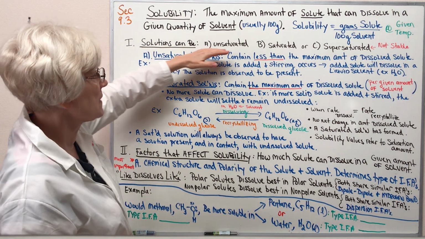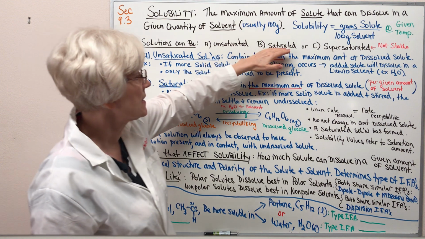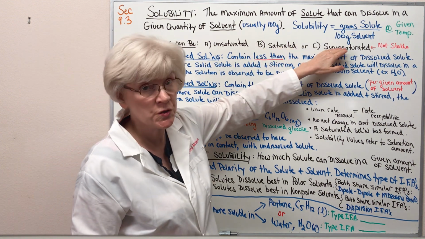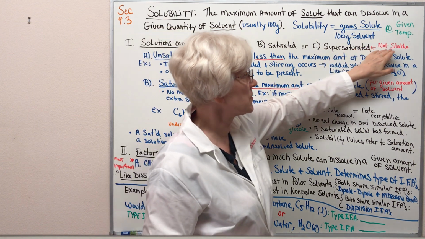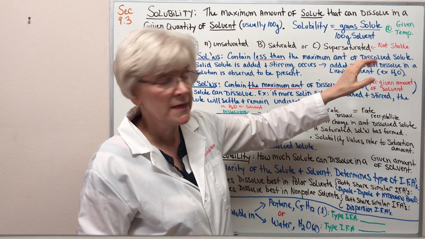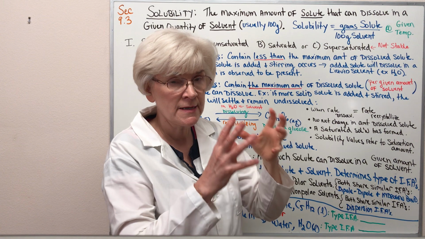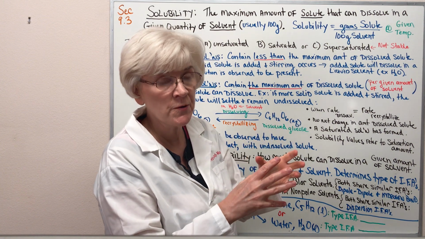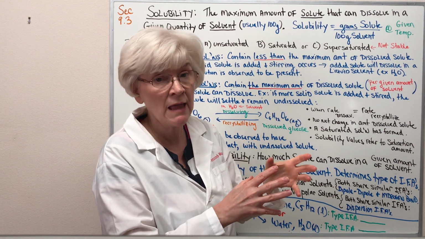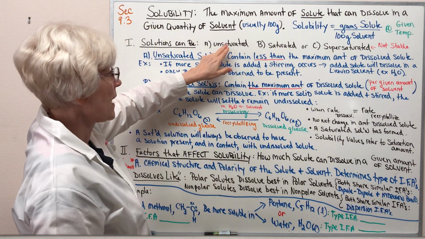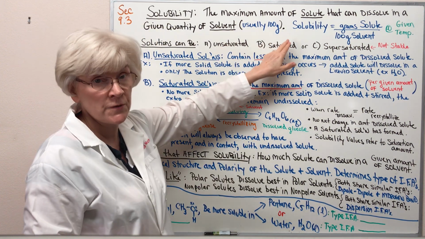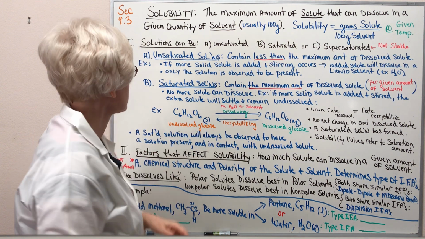Solutions can be described as either unsaturated, saturated, or supersaturated. And just a comment that supersaturated solutions are not stable. Therefore, they have a very narrow, limited scope of focus. We'll discuss them in lab, but our attention will be spent describing unsaturated versus saturated solutions.